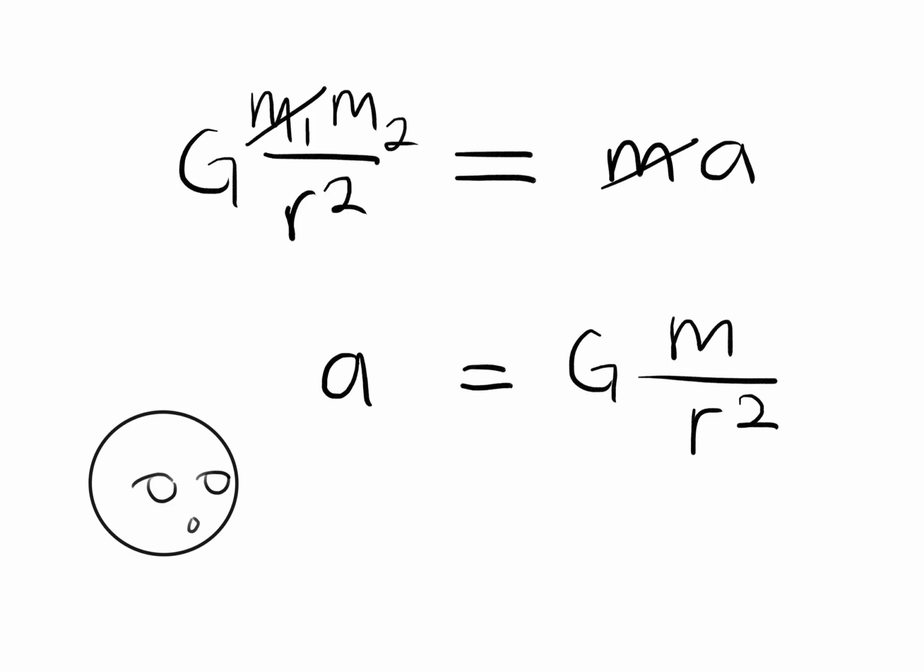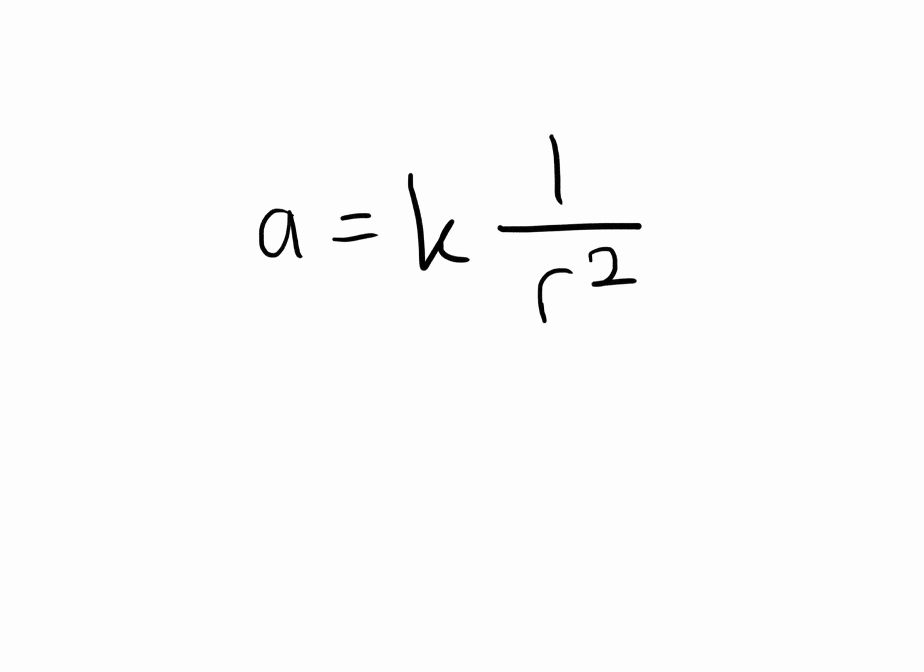Alright, since both of them are force, we can now compare them and get G times M1 M2 over R squared equals MA. After you remove one of the M's, you will get A equals G times M over R squared.